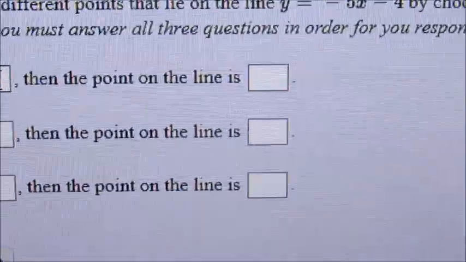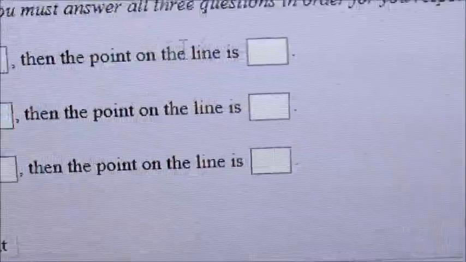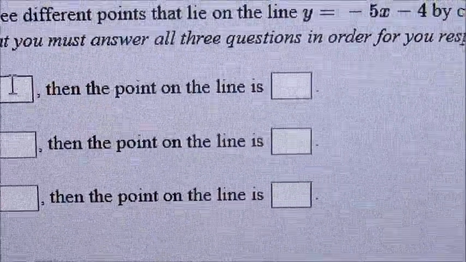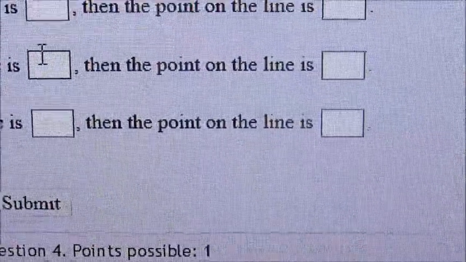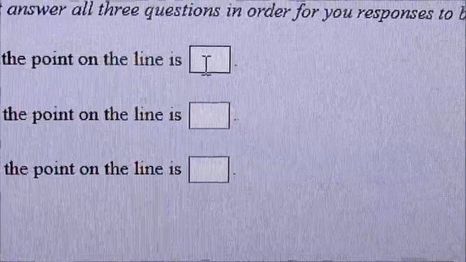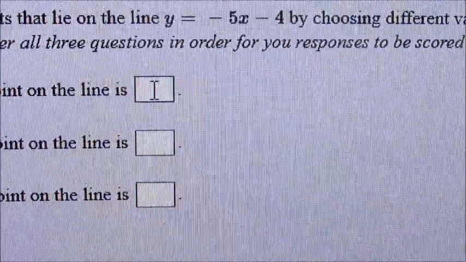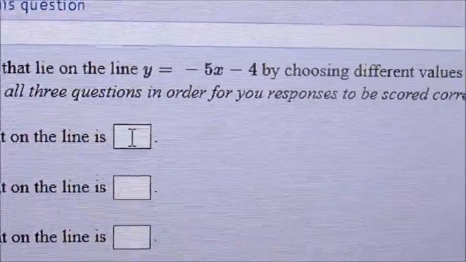Here it says to give 3 different points by just figuring out. So here, put whatever numbers in you want for x. Note here it says the point on the line. So it's not asking you what y equals. You have to put the whole ordered pair.